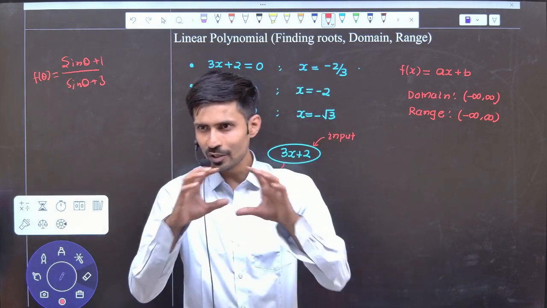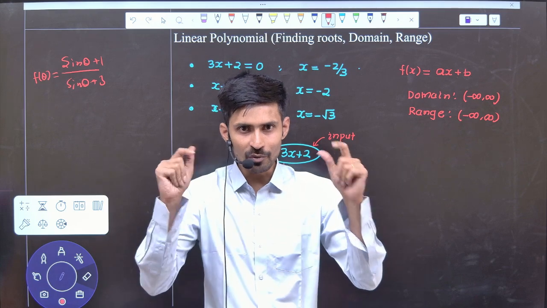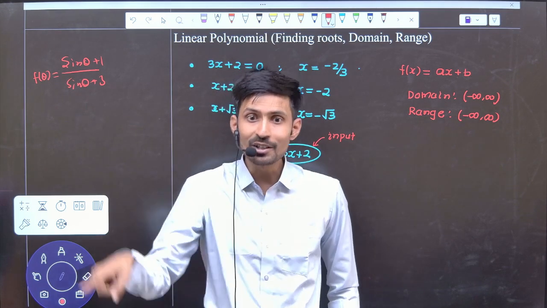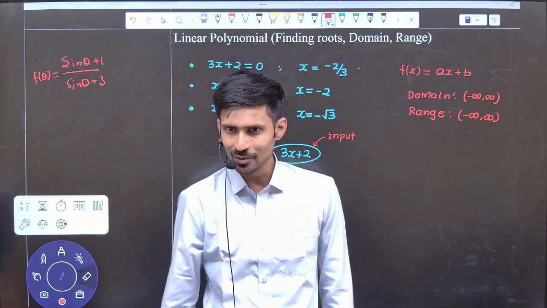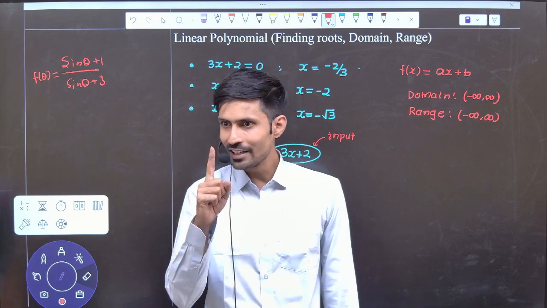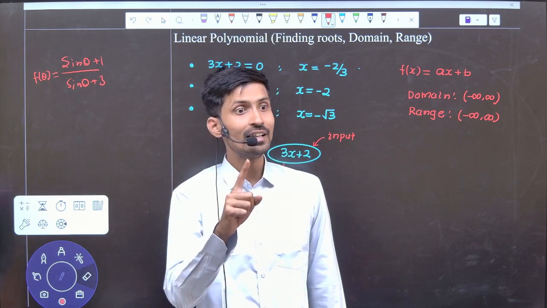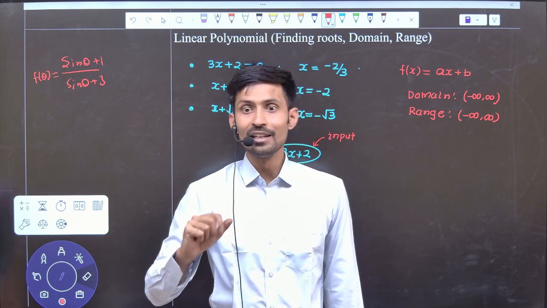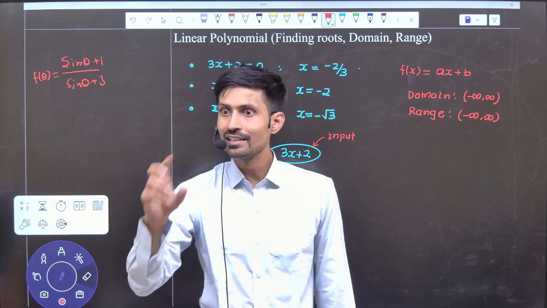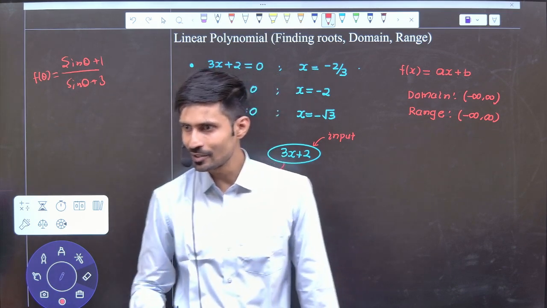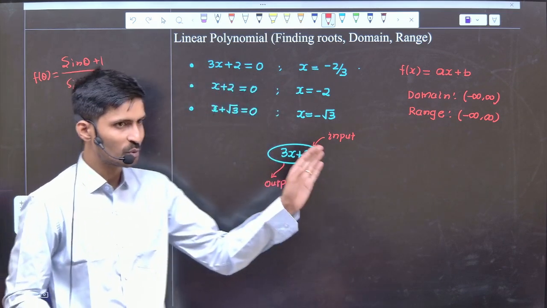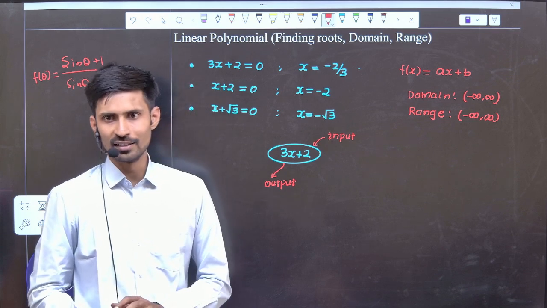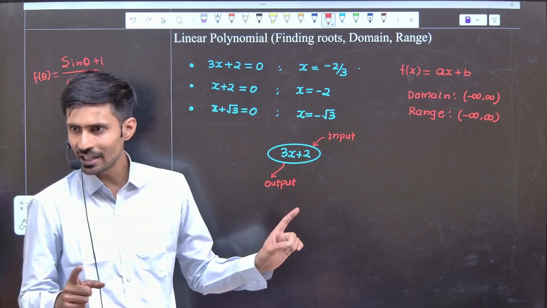Suppose I give you one question, find the range of this expression. What was the first step we have to think? How many x terms are present in the question? If one x term is present, we can apply the rules of inequality to find the range. If more than one x is present, then some other idea is required. So tell me, in 3x plus 2, how many terms of x are present? One. It means we can apply that technique.